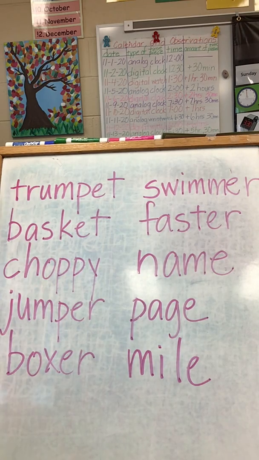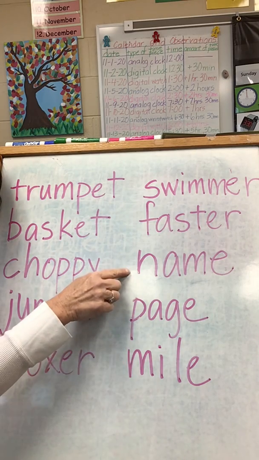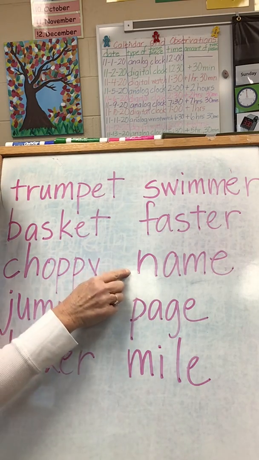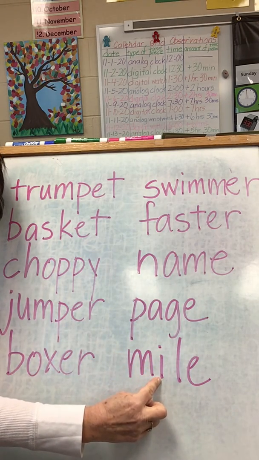All right. I want you to look at my words and see how many of my words have the magic E or the silent E. There are 10 words total. If you said 3, you are correct. Mile, page, and name all have the silent E, which makes the vowel here say its name. Okay?